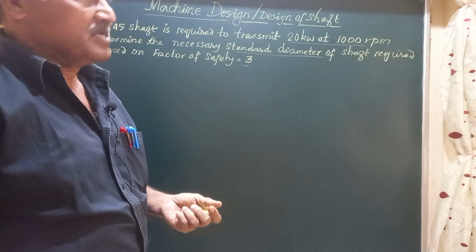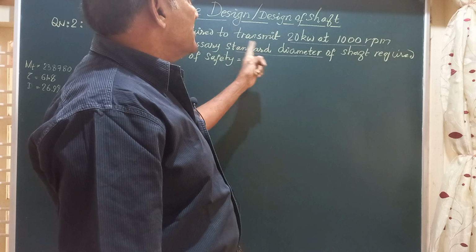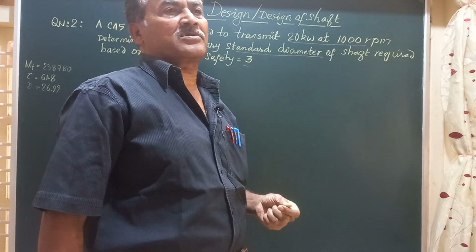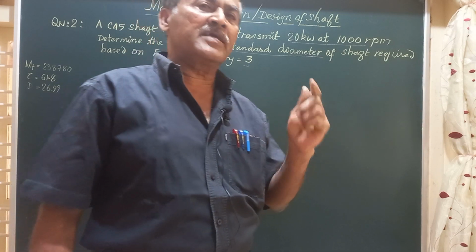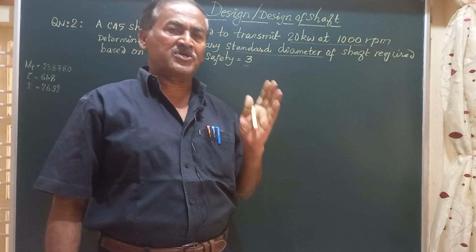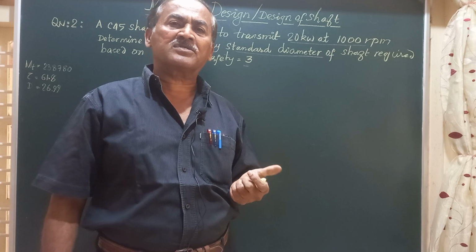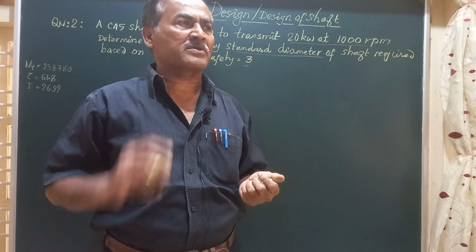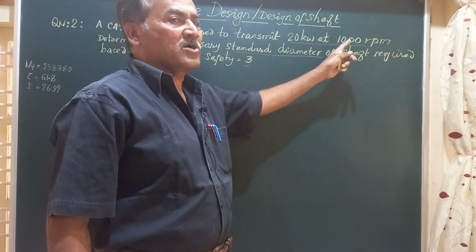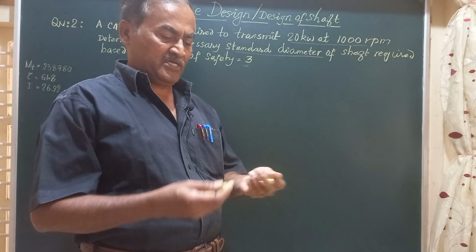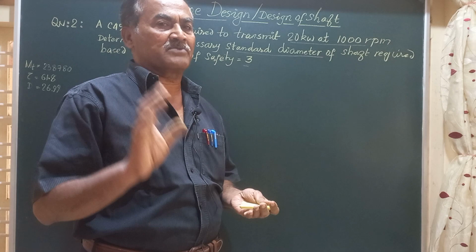Friends, this is the clear indication wherein the shaft is subjected to only torsion. So you can have it as a small clue. Whenever in any of the design of machine elements, whether it's a shaft, key, coupling, clutches, bearings, gears, whatever it may be, whenever you have this term power in kilowatts and RPM, this clearly indicates that the shaft is subjected to torque or torsion or twisting moment.